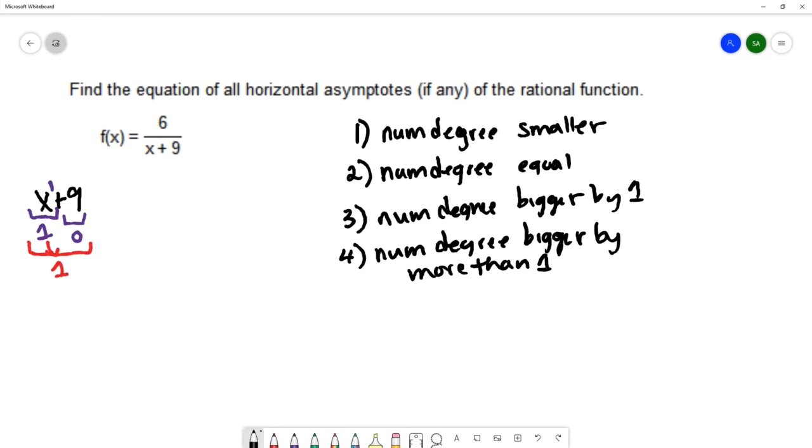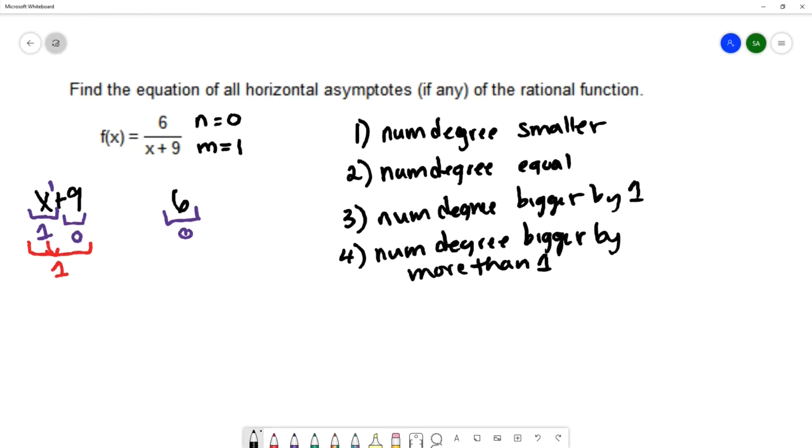So the degree of the denominator is 1, and we call that m. Now for the numerator, we have 6, and the degree of something without a variable is going to be 0, and it's the only term, so we know that the degree of the numerator is 0, and we call that n.